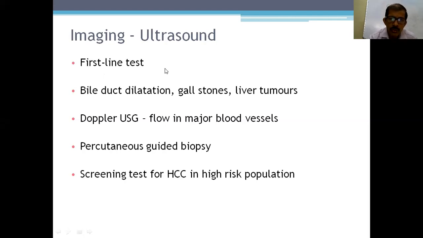Two, to know the nature of the lesion. Is it solid or cystic? If it is a cyst, is it an abscess, a hydatid cyst, or a polycystic liver? Solid, we expect liver tumors. And blood flow also we can detect.